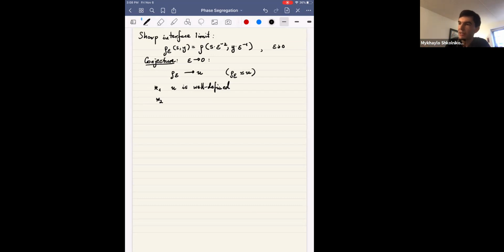The second one is that you need to justify the formal expansion that the two did. And the obstacle there is that terms in this formal expansion involve u and its derivatives. So you need to know, on the one hand, that u actually is well-defined itself, but on the other hand, you have to know that u is smooth enough that these various derivatives that enter the formal expansion actually make sense, in some appropriate space, right?